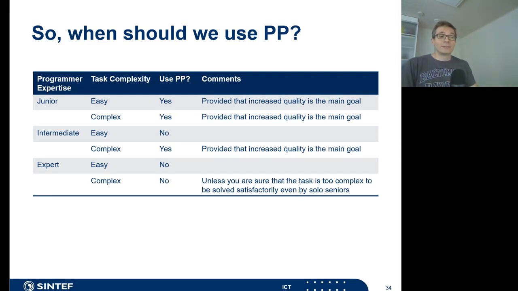It should be used for intermediate programmers only in complex tasks, provided that increased quality is the main goal. For expert programmers, you should not use pair programming at all, unless you are sure that the task is too complex to be solved satisfactorily, even by 2 solo senior programmers.